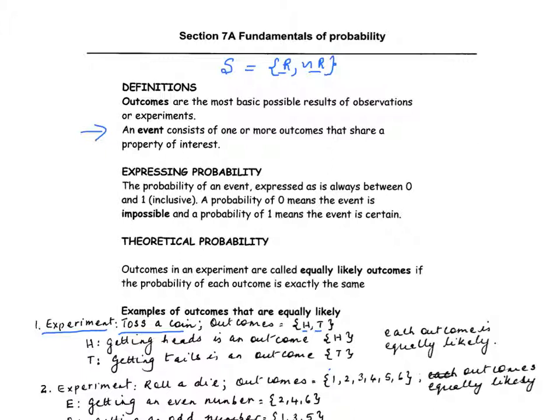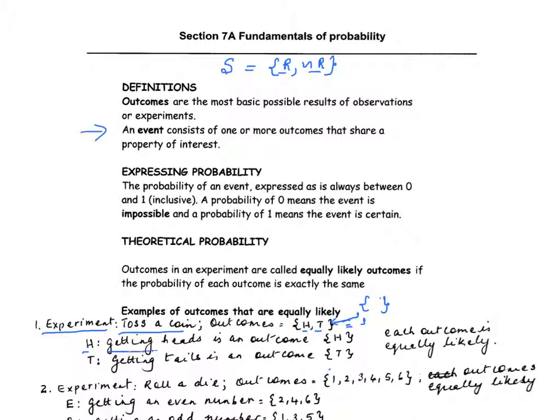We write it as a collection. It's the set of all possible outcomes. If you remember the set notation, we use braces when we write down a collection of objects. So the set of all outcomes is denoted by, let's just call it S, and it's H or T. So how do we describe H?